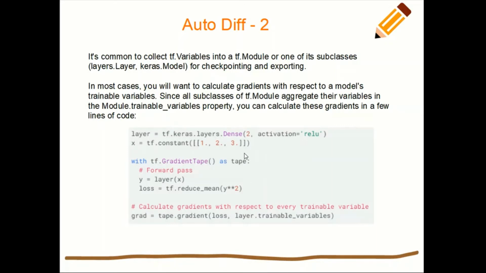Now it is convenient to use the TF module or its subclasses to take care of collecting all the TF variables, right? Because in a layer or in a model we could have a bunch of variables or weights. So what usually happens is the TF module is extended.